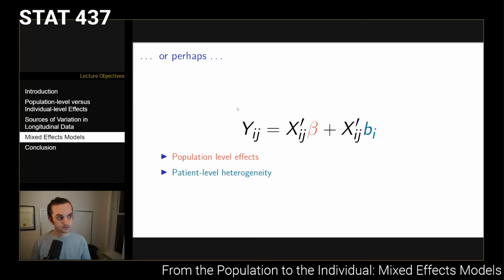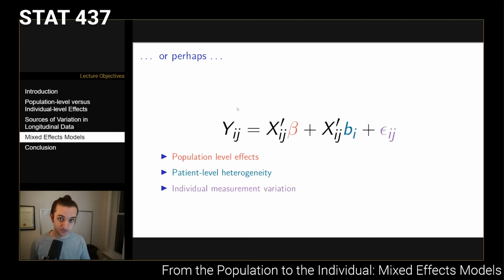And then, of course, we still need this individual variation, right? And so we can think about that first model as being a special case of this model, where instead of x_ij here, we've just included the intercept term, right? And so this is the more general case. And you could also think about doing this where we don't use exactly the same covariates in both of these situations here, right?